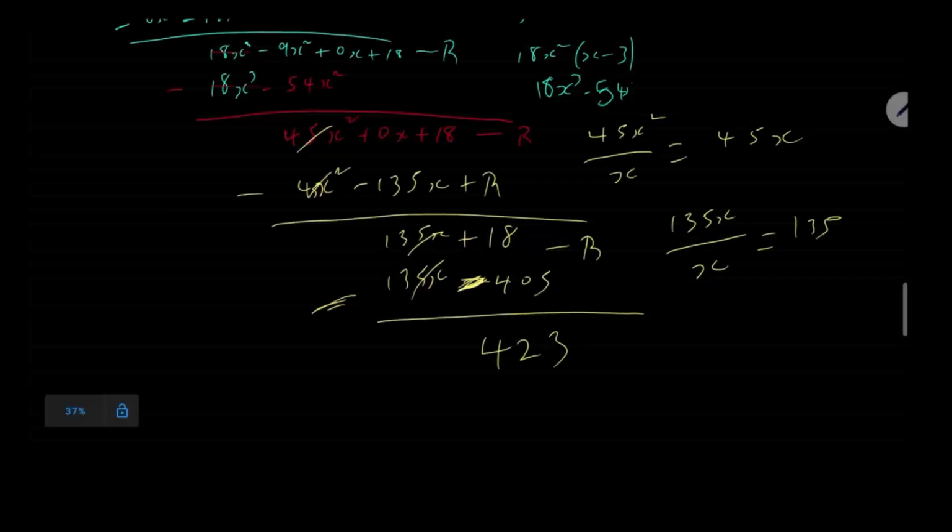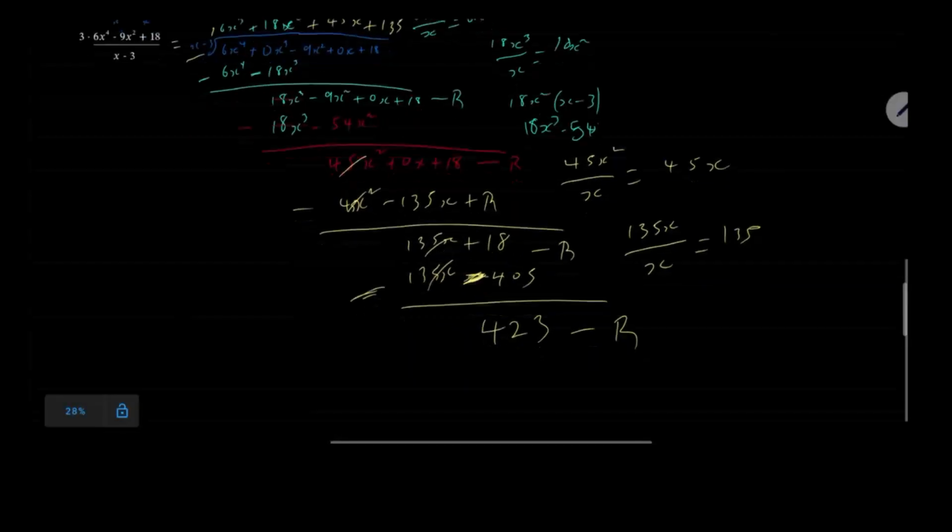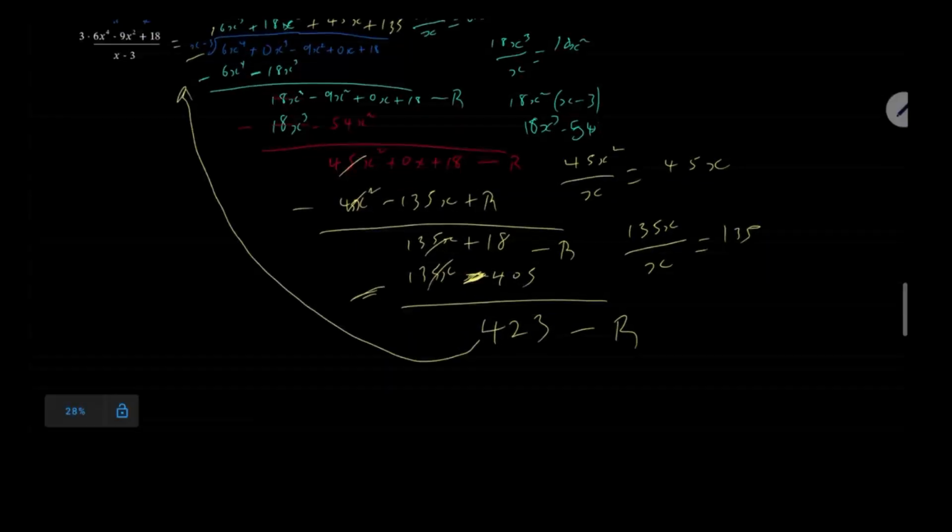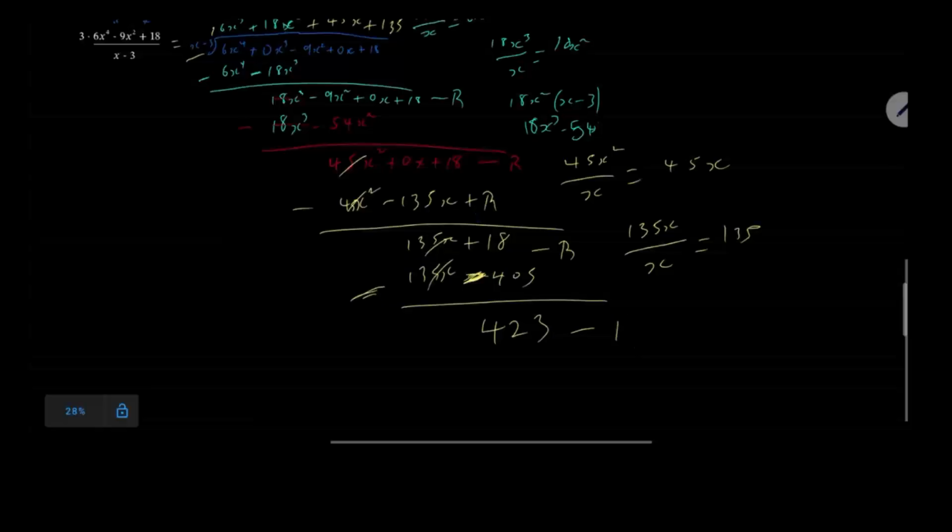At this point, our remainder is just a normal integer, which is 423. And for 423, there is no x in it for us to be able to divide by the divisor. Therefore, we stay here and say that that is our remainder, r.